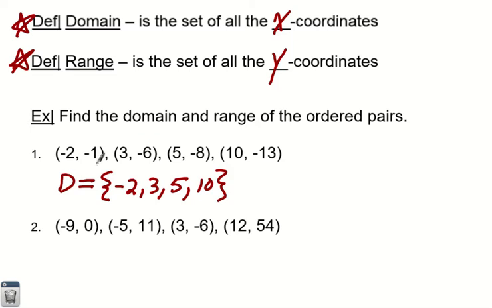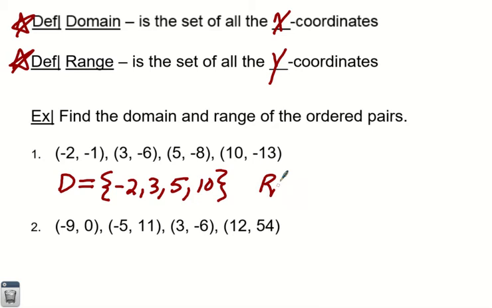Because all of these ordered pairs go x, y, x, y, x, y, x, y. And these x values are already in order. Don't be surprised if that's the way they are shown in like a multiple choice answer or something.